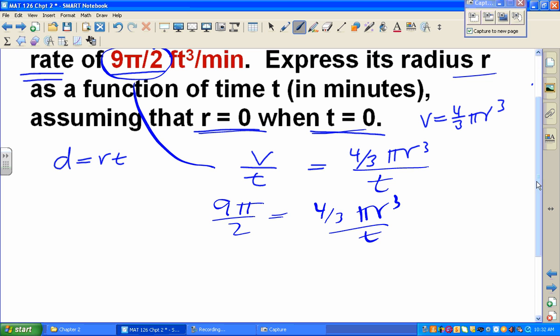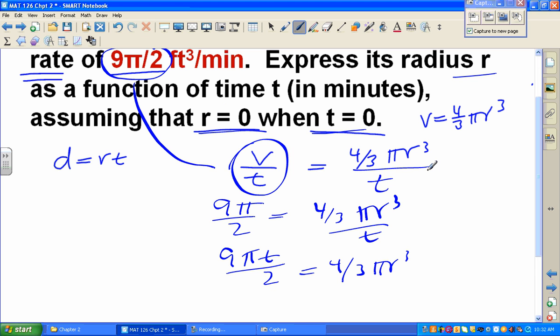So now I'm going to multiply the t over. No, I think you subbed the 9 pi over 2 in for the change in the volume, the V over the T. Right, but she's wanting to sub the 9 pi over 2 in for something else as well.